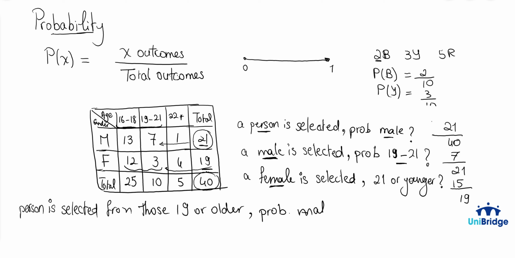Now I'm selecting from those 19 or older. I'm not selecting from the total of the 40, but from those who are 19 or older, which are these 15 only. So your total here becomes 15. Out of only these 15, how many of them are males? Looking at these, you're going to have these 8. So your answer is going to be 8 out of 15.